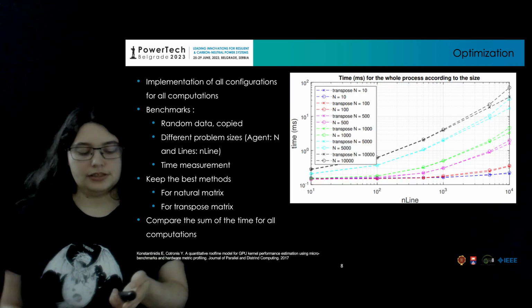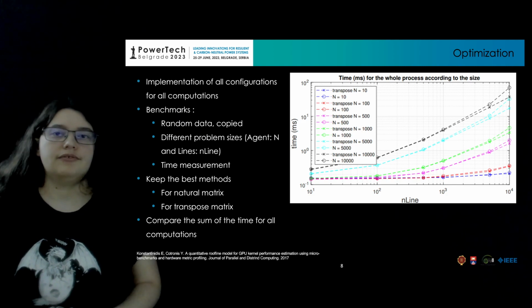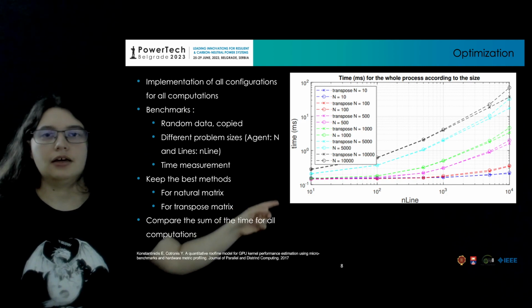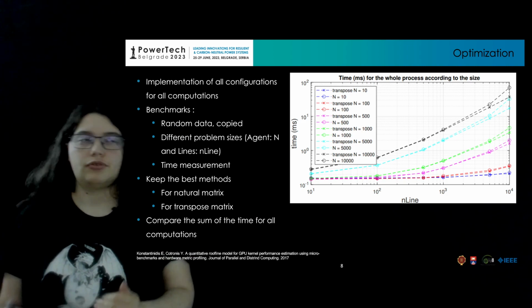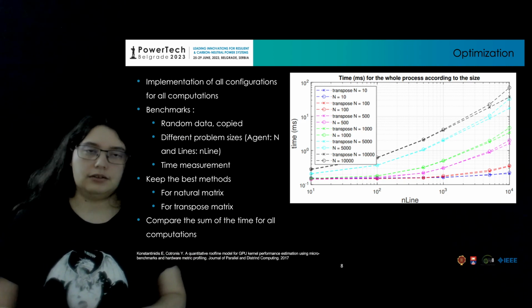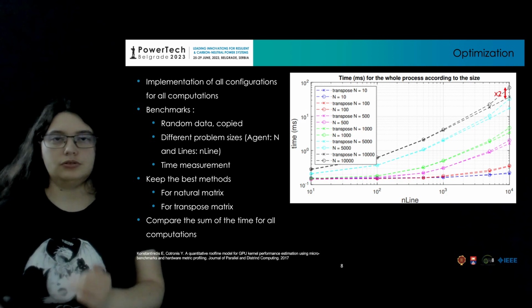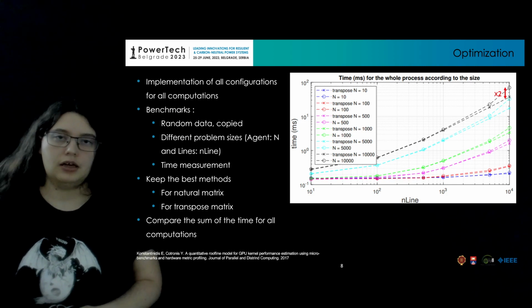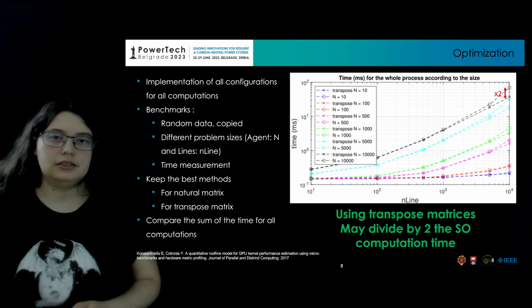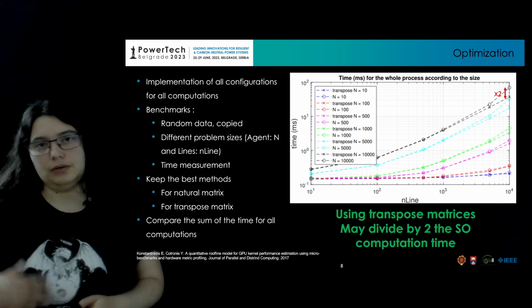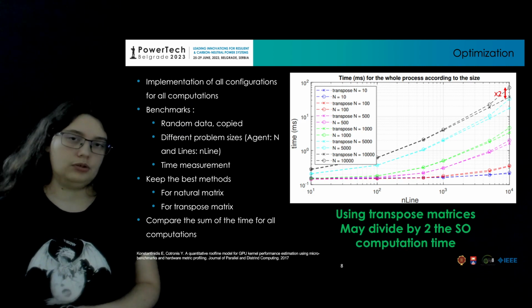This gave me this kind of graph. We can see that at small size we have no difference between each graph, but at very big size we can see here a factor 2 between the computation times, and so we can conclude that at big size using the transpose matrix may divide by 2 the system operator computation time.